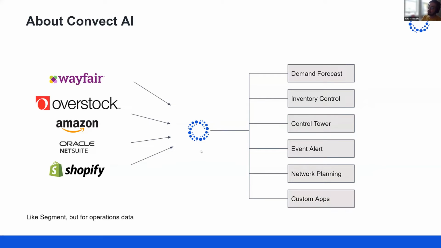So this is a platform which is trying to help enterprises utilize all those operations data that are spread across different channels and make them into a standard format so they can be used for downstream applications. So this is what Convect AI is doing.